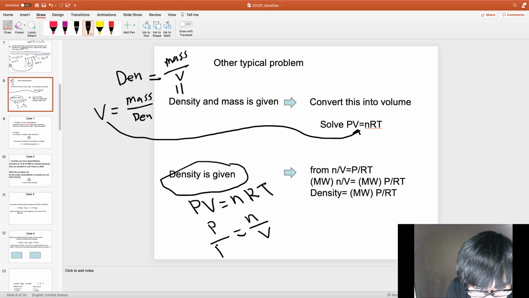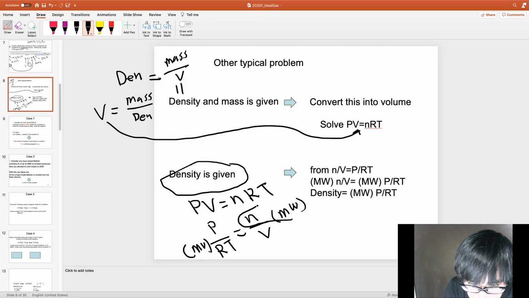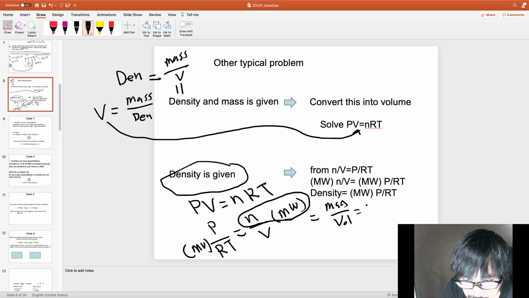All I did is rearrange this equation right here, and then multiply both sides by the molecular weight. Remember, this number of mole times the molecular weight is actually the mass. So this one right here is mass divided by volume. That's basically the densities.